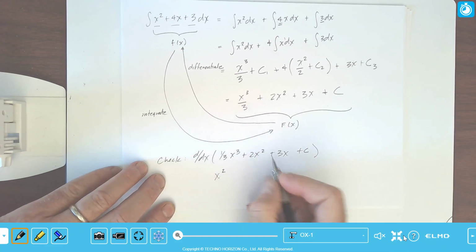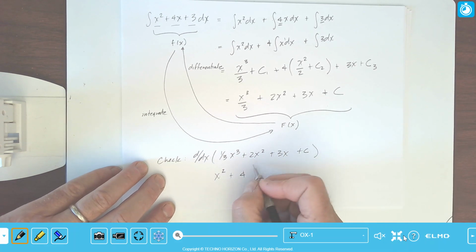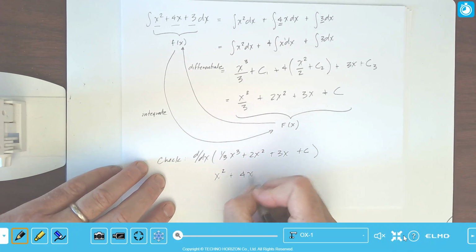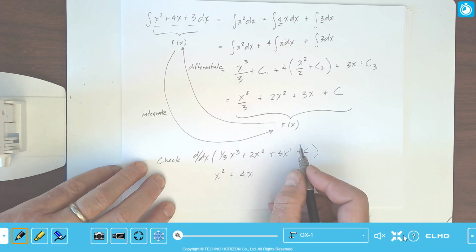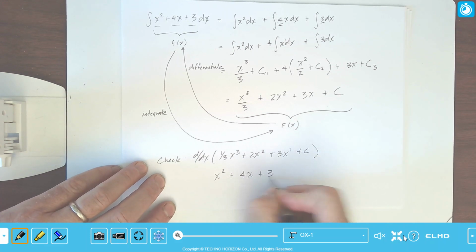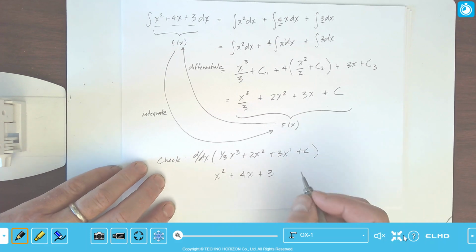We get x squared. Here the 2 would come out in front, multiply by the 2, I'd get 4, and the exponent would come down by 1, so I get 4x. And here I have an exponent 1, it would come out in front, I'd go down by 1 to 0, so we get 3x to the 0, which is just 3. And the derivative of a constant is just 0.